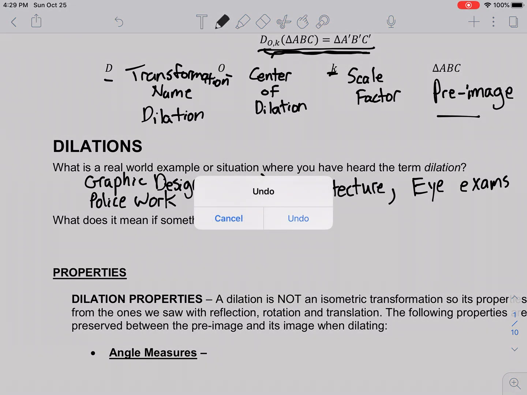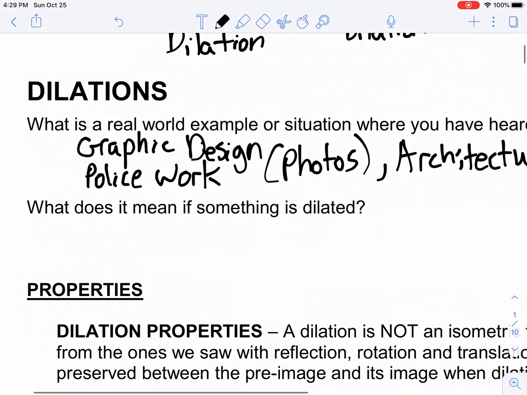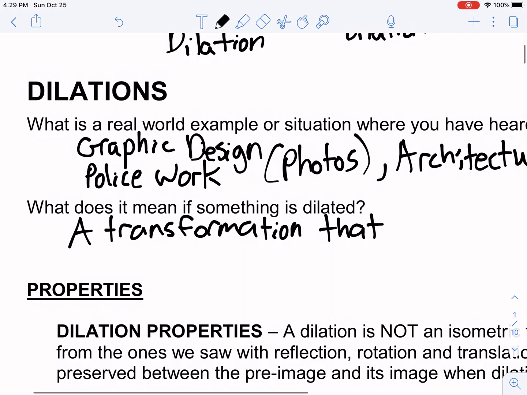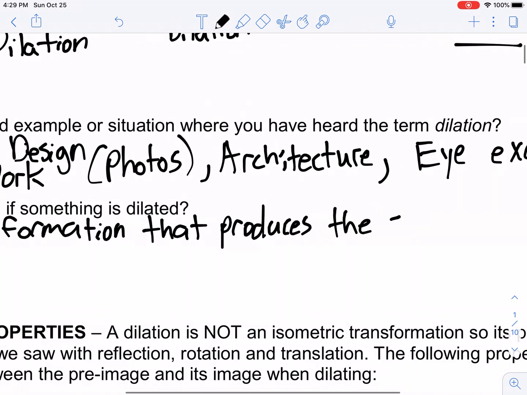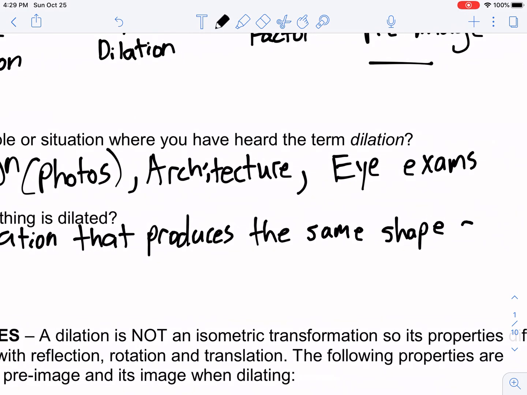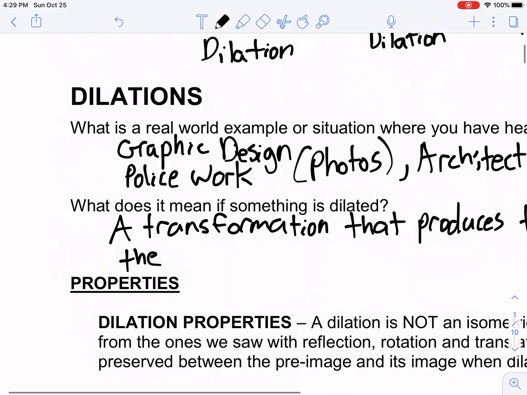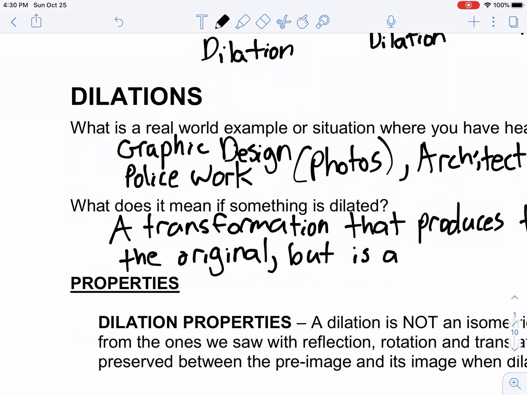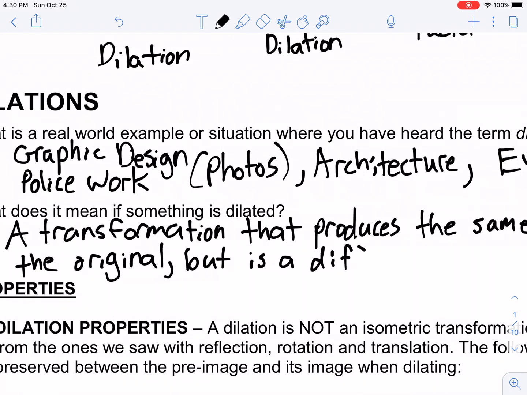Well, it's a transformation that produces the same shape as the original, but is a different size.